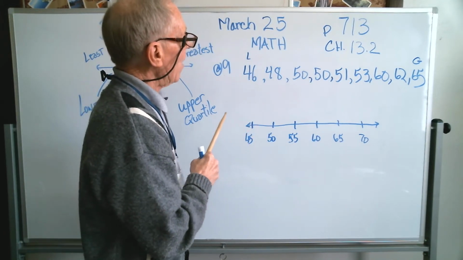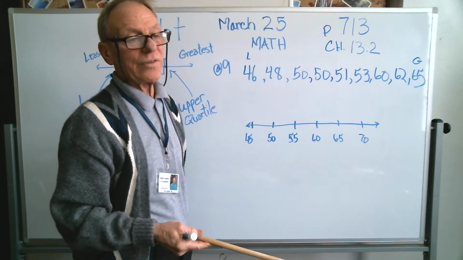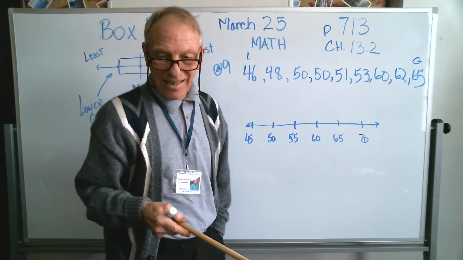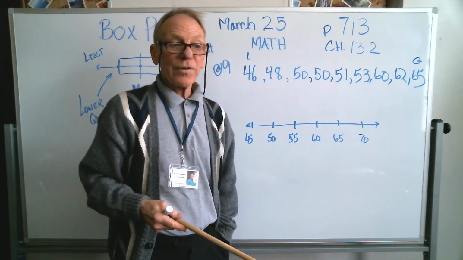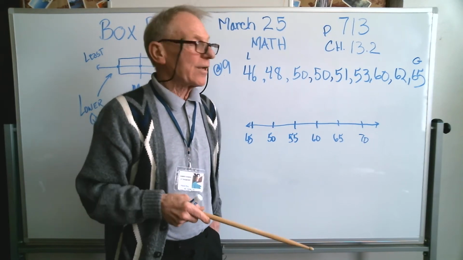So, now, we've got 9 numbers, and we're lucky because it's an odd amount of numbers. And if you remember when we were learning how to get the median of a data set, we look for the number that's right in the middle. And when it's an odd number, there is a number in the middle.